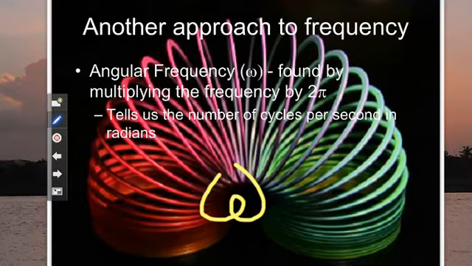It's a lowercase omega, it's angular frequency, and this tells us the number of cycles per second in radians. Okay? So make sure your calculator is in radians when working with simple harmonic motion problems.